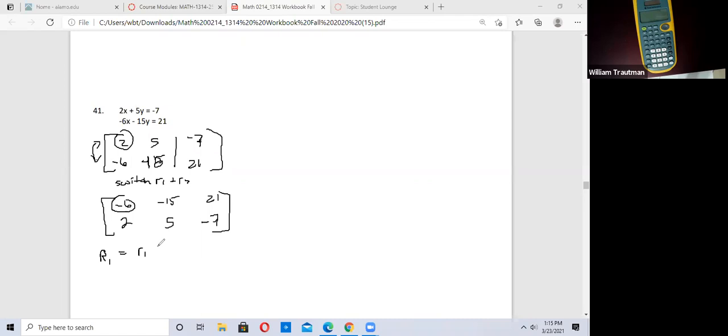Let's go through the process, and then I'll show you an easier way of doing this. So I'm going to take everything in row 1 and divide it by -6.